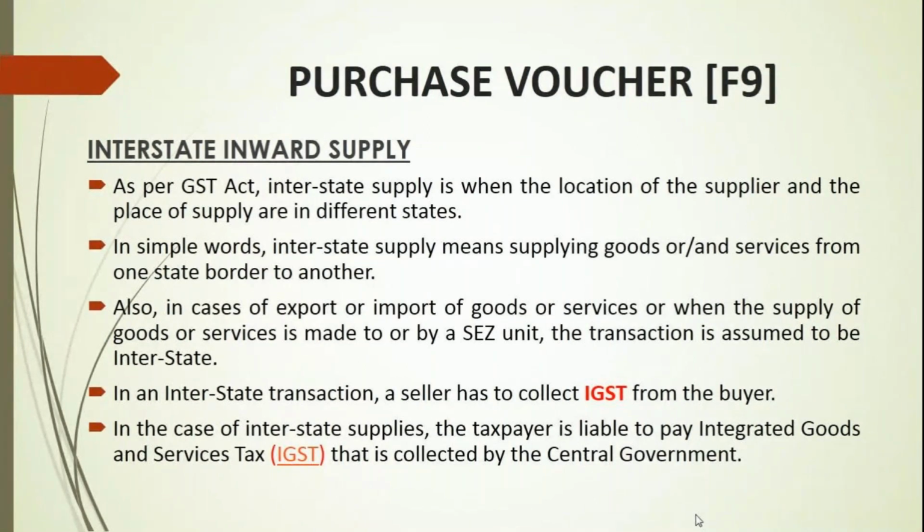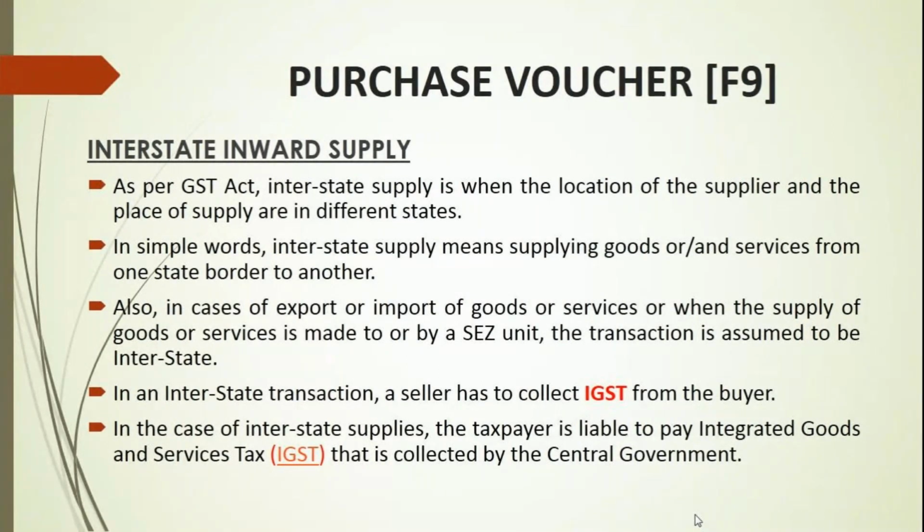As per the GST Act, interstate supply is when the location of the supplier and the place of supply are in two different states. In simple words, interstate supply means supplying goods or services from one state border to another. In cases of export or import of goods or services, or when the supply of goods or services is made to or by a special economic zone unit, the transaction is assumed to be interstate.